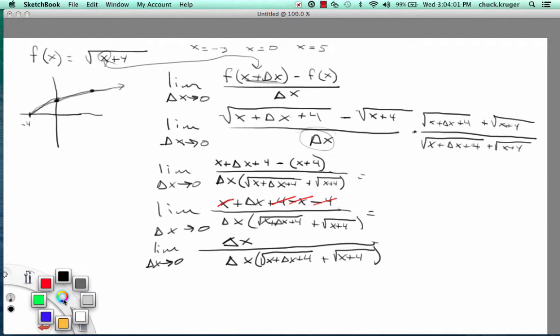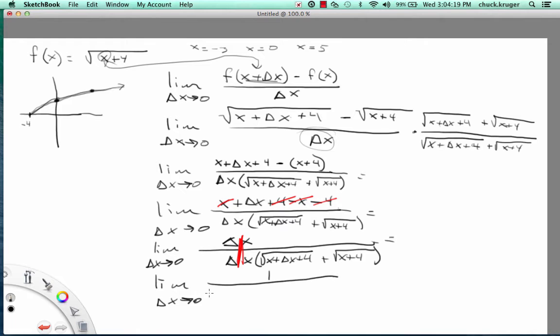Now again, I'm going to have some simplification, and right here, these are going to simplify to 1. So now I'm left with the limit as delta x approaches 0 of 1 over the square root of x plus delta x plus 4 plus the square root of x plus 4.